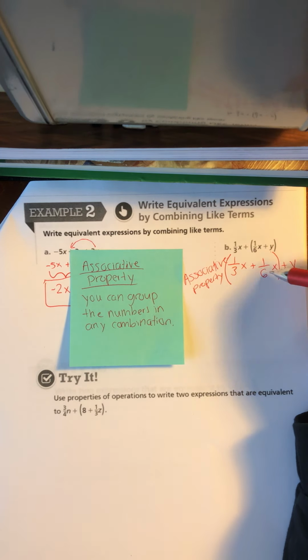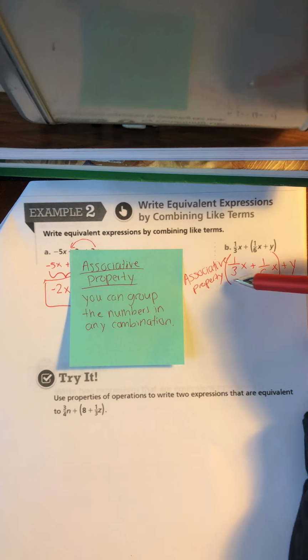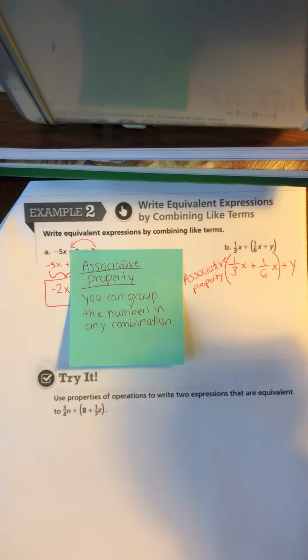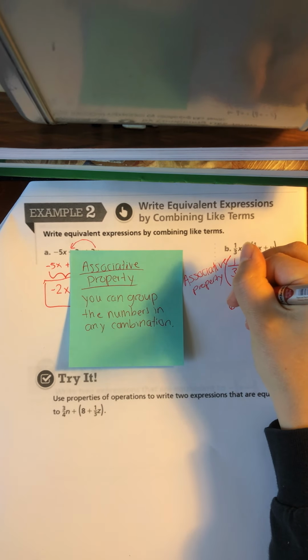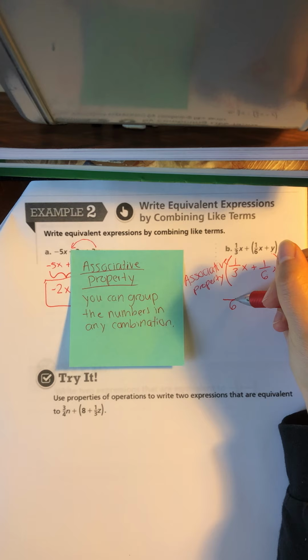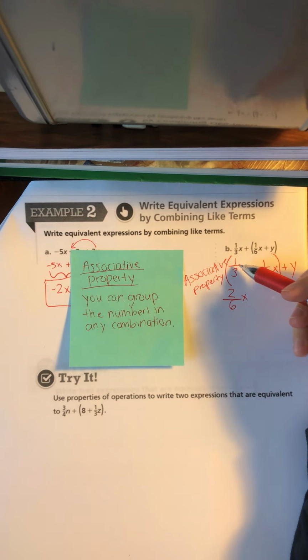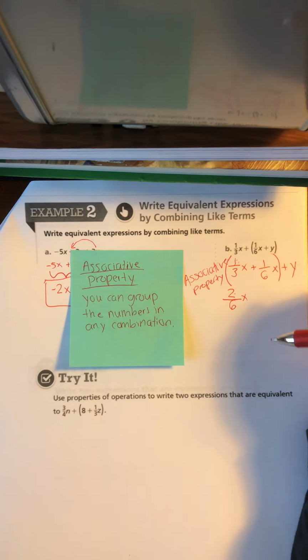To combine fractions like this, we need a common denominator. Well, what is our common denominator? What number do 3 and 6 both go into? They both go into 6. So I don't have to change that second fraction, but I'm going to change this first fraction to 2/6 x, right? 1/3 is the same thing as 2/6. If I make the denominator 6, that's multiplying by 2, and then I need to multiply the top by 2.